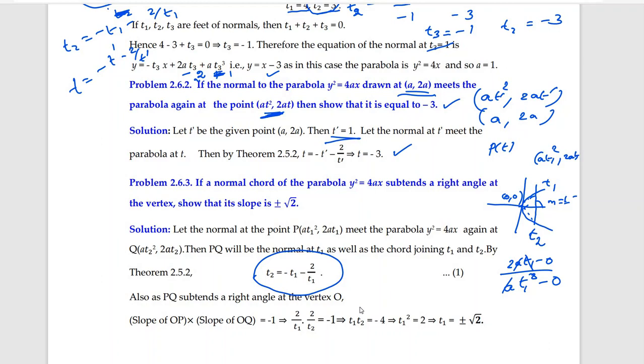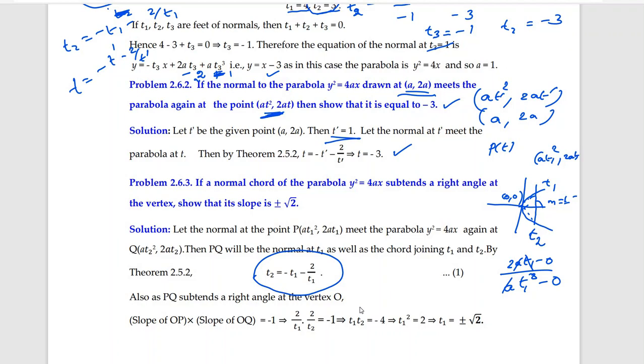So for this the slope is 2 by t1, and in the same way for this it is 2 by t2. That is equal to minus 1, because these two are at right angles, so the product of their slopes should be minus 1. That in turn gives us that t1 t2 is equal to minus 4. Now this in turn implies that t1 square is 2.